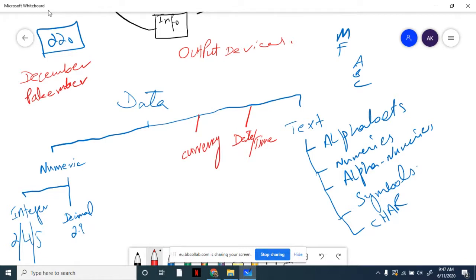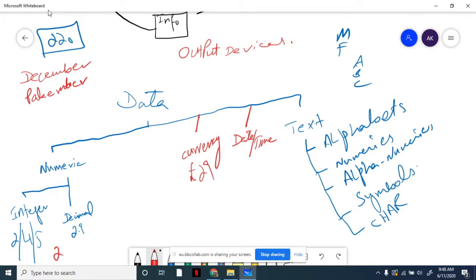Currency is another data type, a very impactful data type. Why don't we use only numerics or numbers? Because when we talk about numbers, they are numbers only. When we talk about currency, it comes with some sign.